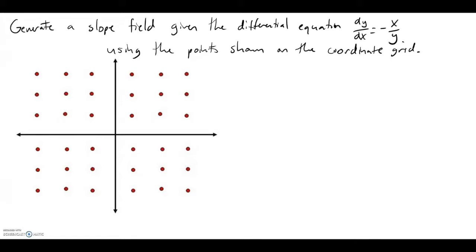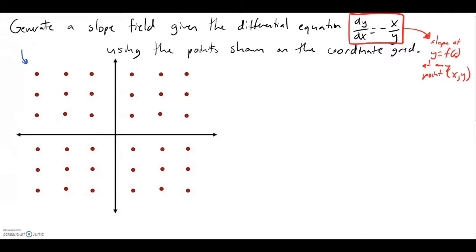on the coordinate grid. And the big idea for this is to consider what this represents. And I mentioned it in the previous video. This equation describes the slope of some function y equals f of x at any point, x comma y.